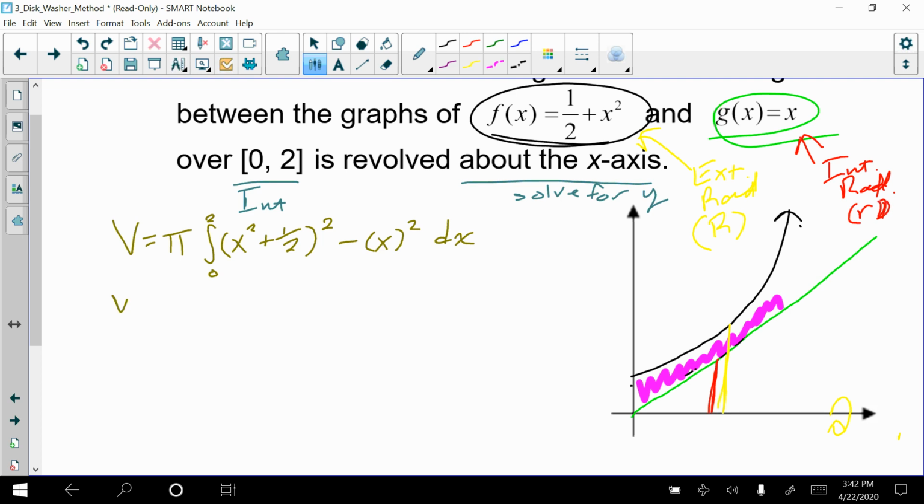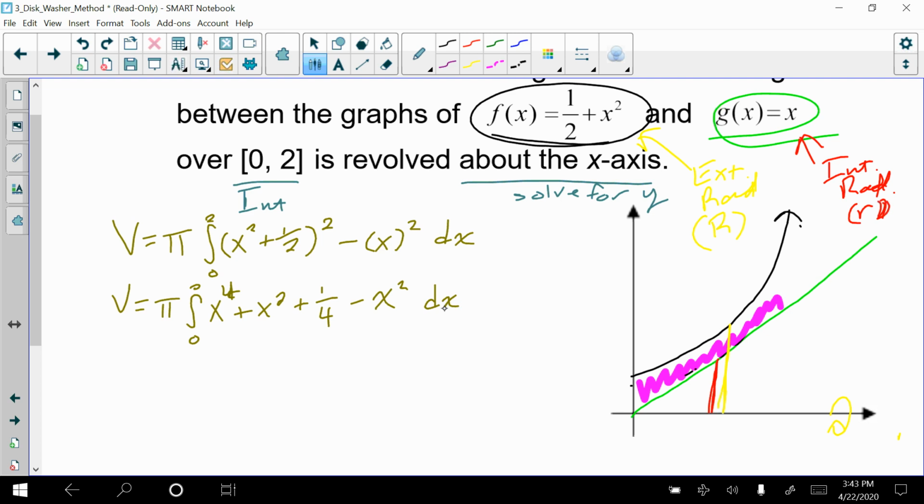Now, moving on, let's go ahead and simplify the integrand. So 0 to 2. We're going to expand the binomial, and that will give me x to the fourth plus 1x squared, plus 1/4, and then we're going to wind up squaring the x, so I'm going to get a minus x squared, all of it times dx.